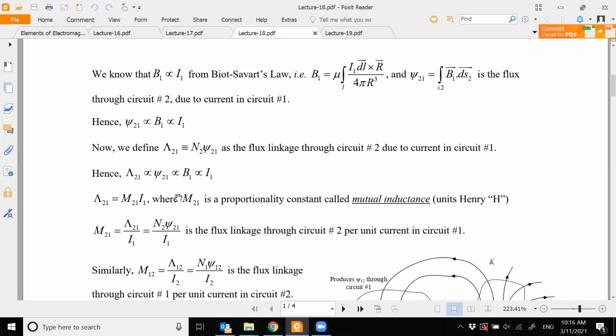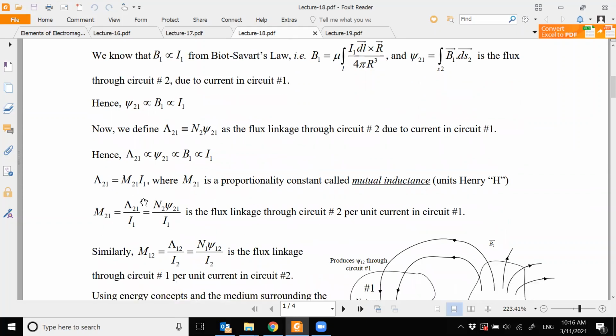Okay, so this is the expression, and therefore I can find M21 as the flux linkage 21 divided by I1. Now, if I write flux linkage 21 as N2 psi 21, then it is N2 psi 21 over I1.